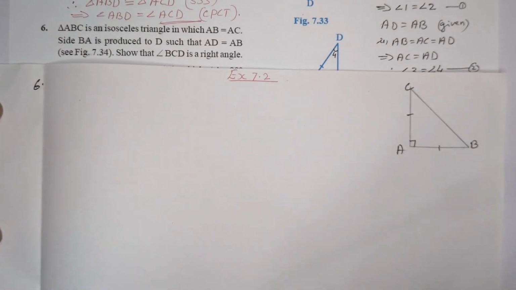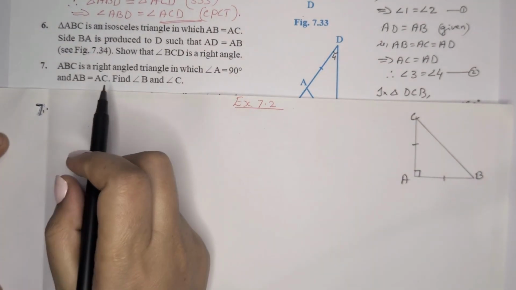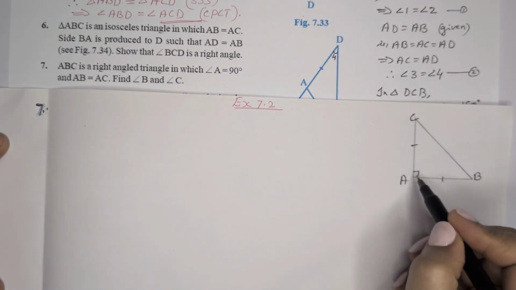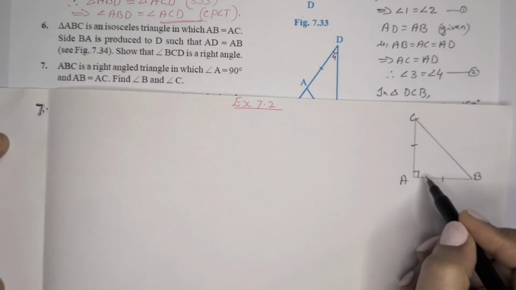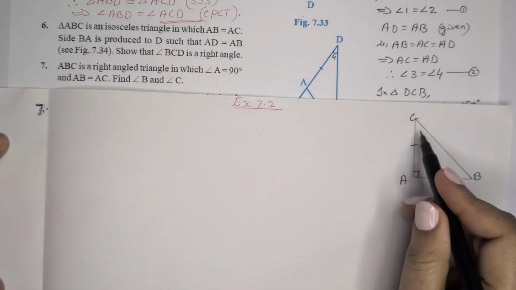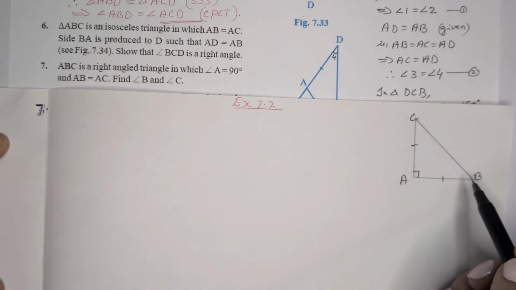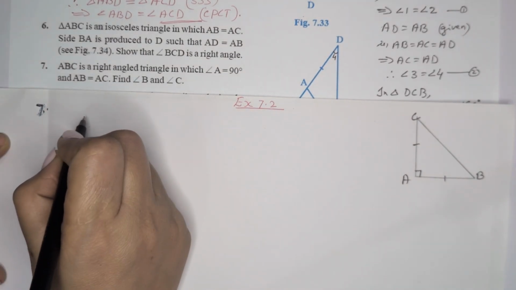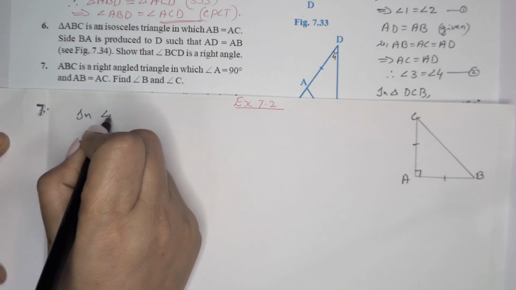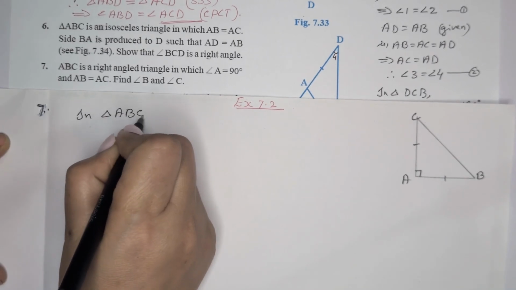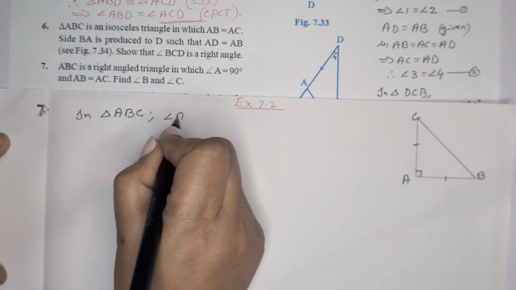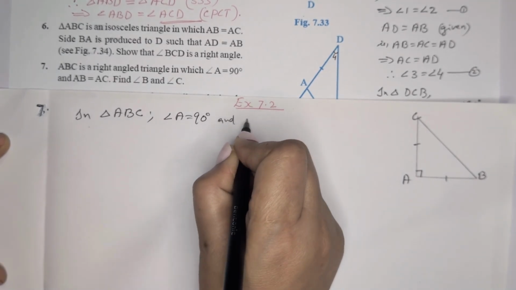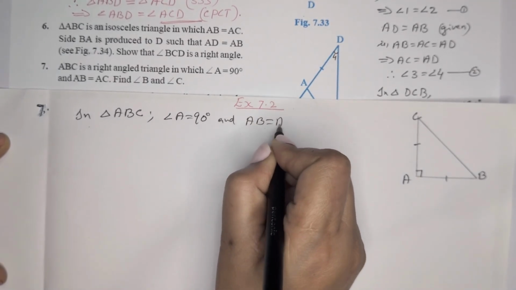Question number 7. ABC is a right angle triangle with angle A is 90 degrees and AB is equal to AC. Find angle B and angle C. So here in triangle ABC, angle A is equal to 90 degrees and AB is equal to AC.